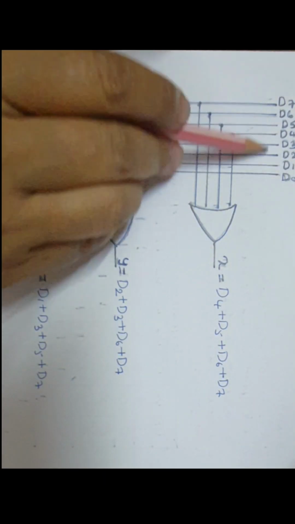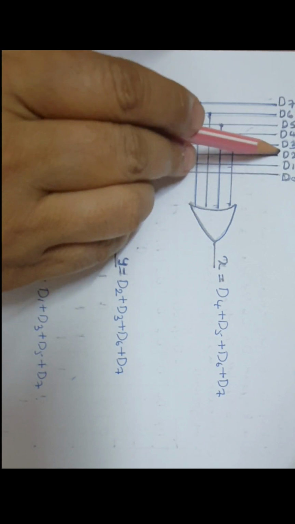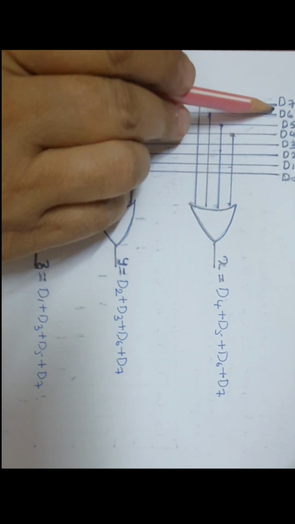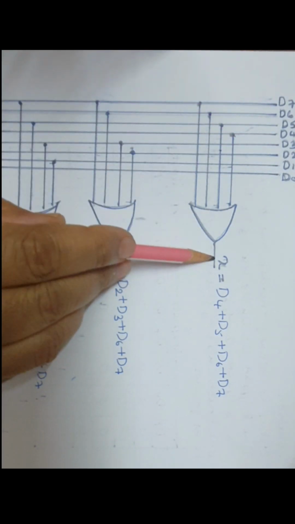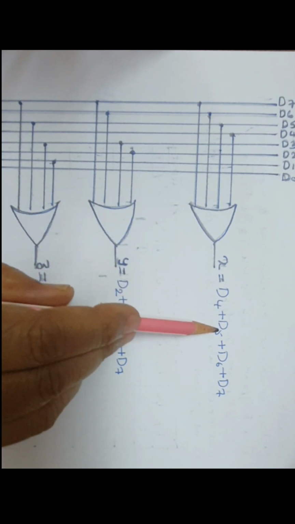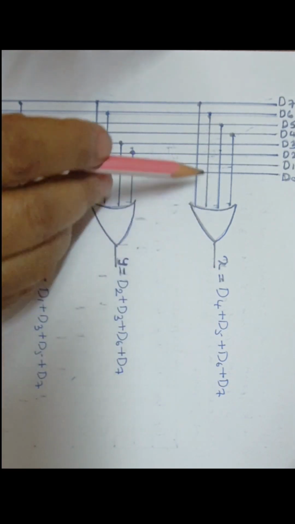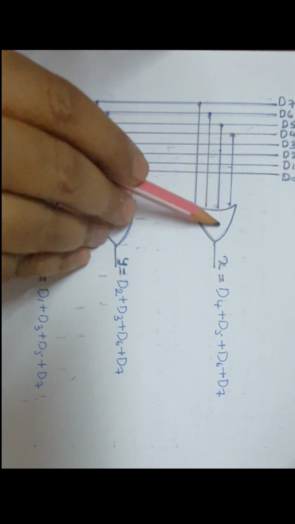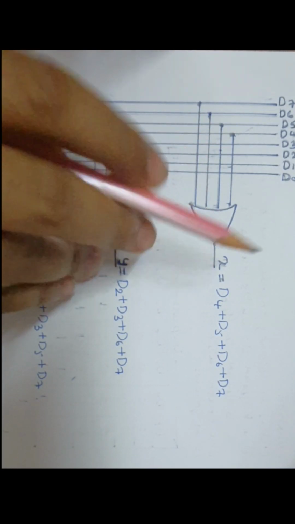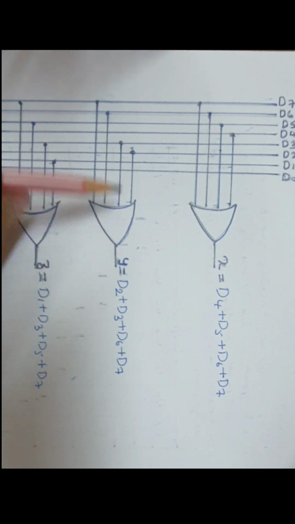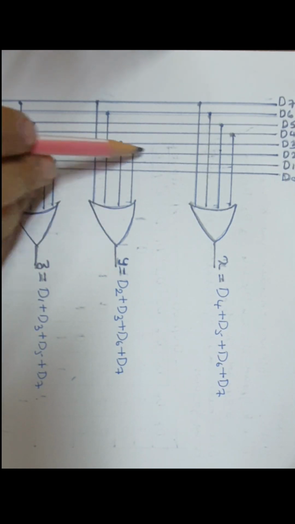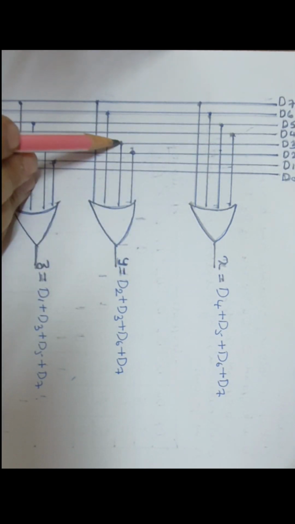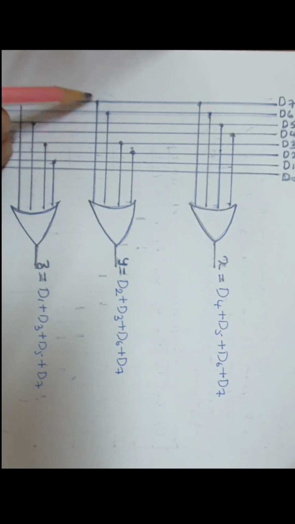Here all the inputs are shown: D0, D1, D2, D3, D4, D5, D6, D7. X equals D4 or D5 or D6 or D7, which means inputs D4, D5, D6, D7 are taken, and that gives the X output. Similarly for Y, this is D2, this is D3, this is D6, D7.